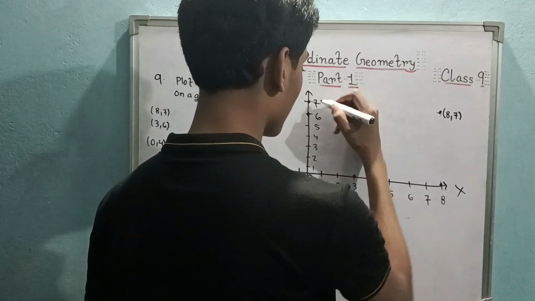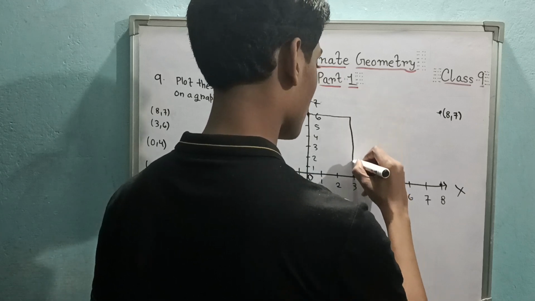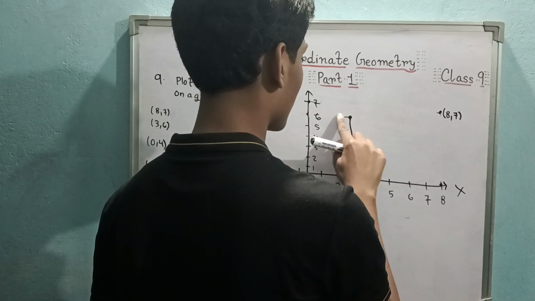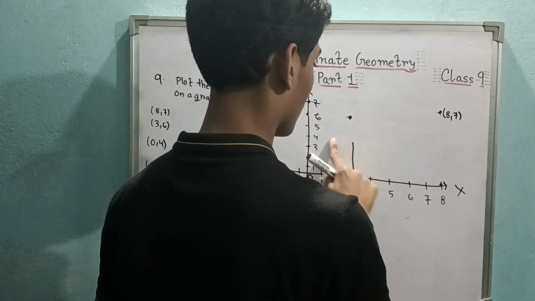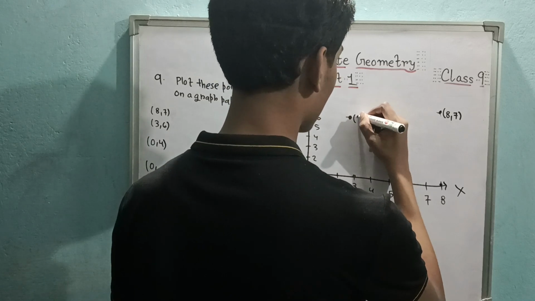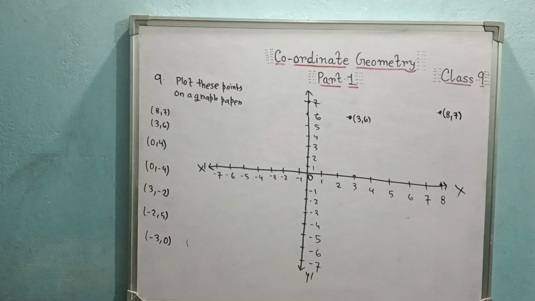Now see where they intersect. Right here. This is the intersection point. Rubbing the lines. Yeah. This is the intersection point, 3, 6. Easy.